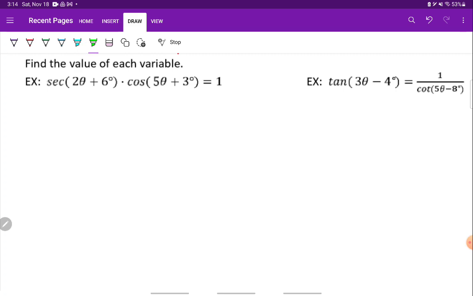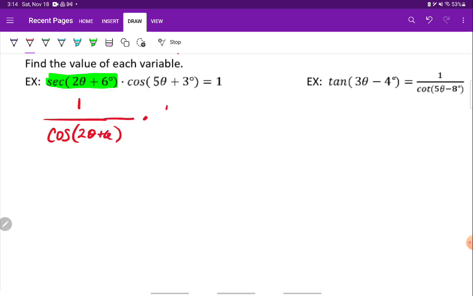I'm going to take this secant and I'm going to rewrite it as cosine. Using our reciprocal identity, secant of 2 theta plus 6 can be rewritten as 1 over cosine of 2 theta plus 6.